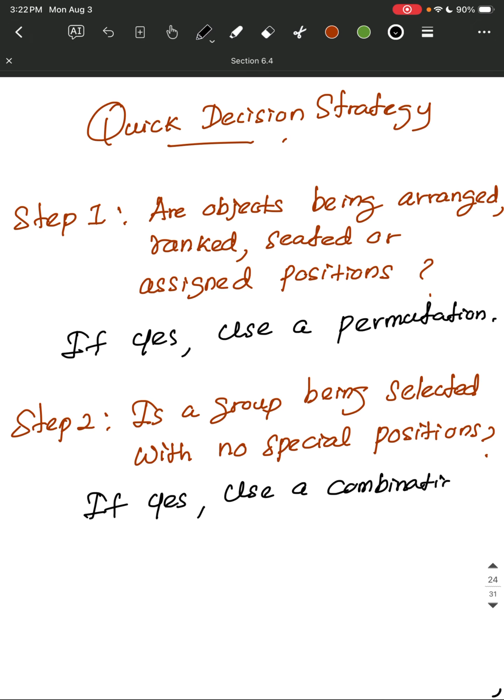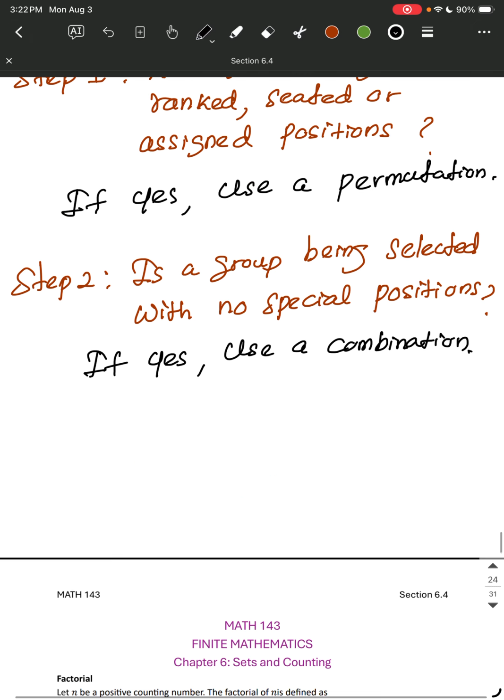Step 3. Are some objects identical? If yes, use the repeated object permutation formula.